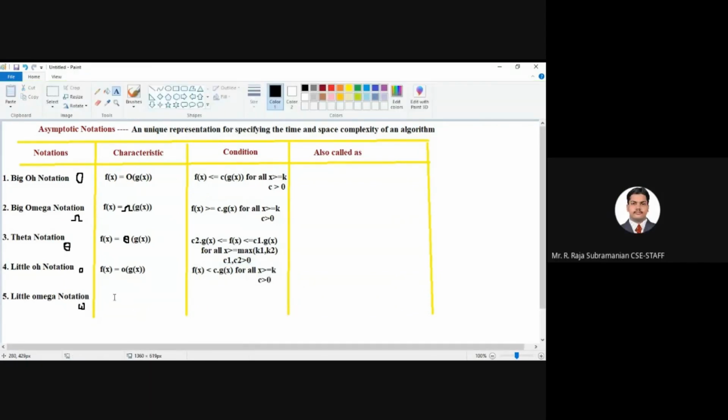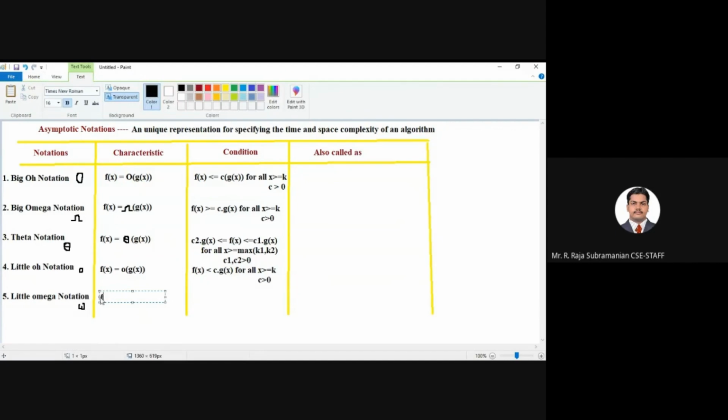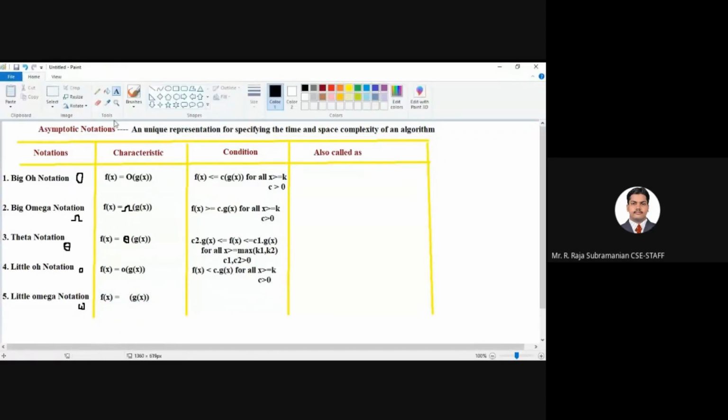By seeing this table itself, we should be able to study the entire asymptotic notation question. What is this? f of x greater than c into g of x.